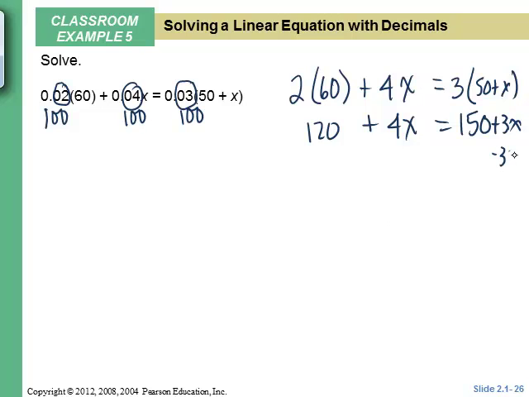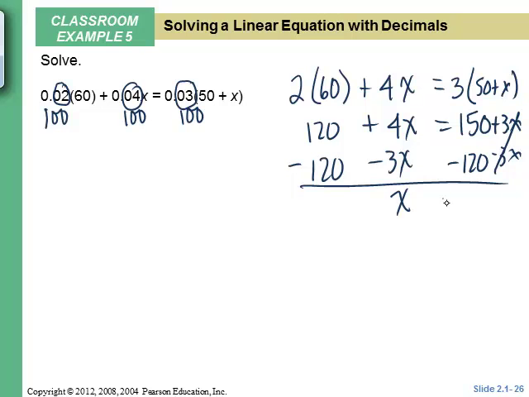Let's subtract 3x from both sides and we get x. Let's subtract 120 from each side, equals 30.